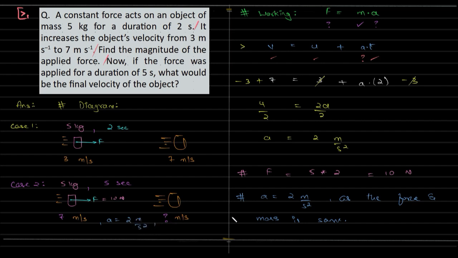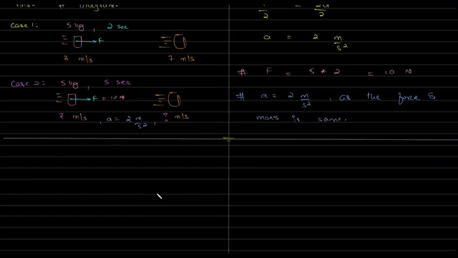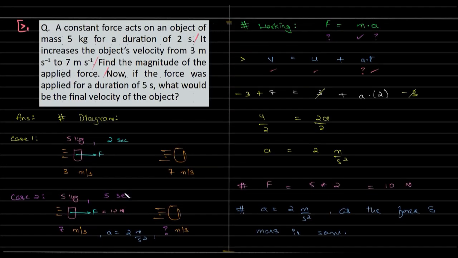We know the acceleration, we just have to figure out the final velocity. So for this we'll go back to v is equal to u plus at. The initial velocity is 7, a is 2 and t is 5, so 10 and 17 meter per second. So we have the final velocity to be 17 meter per second and the force to be 10 Newton. This is your answer.